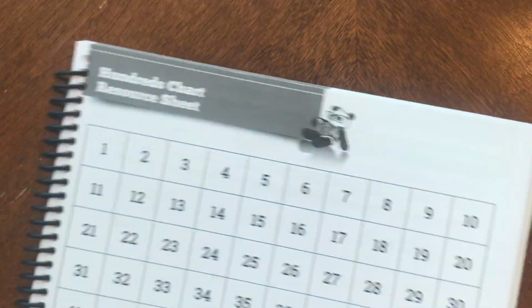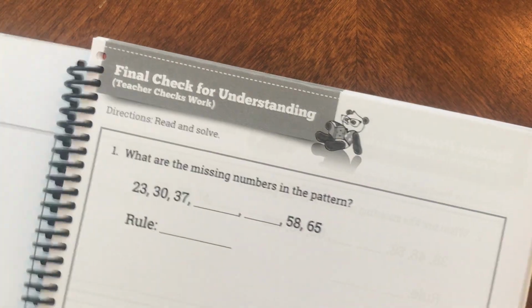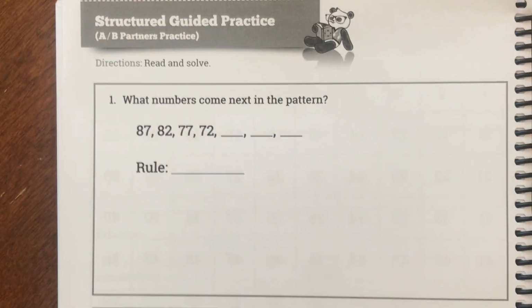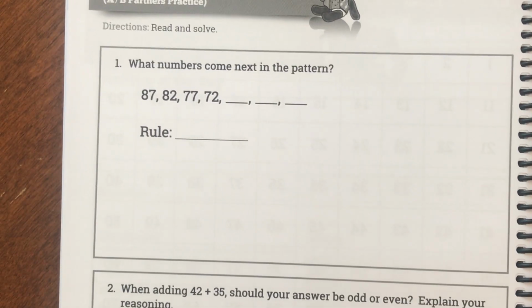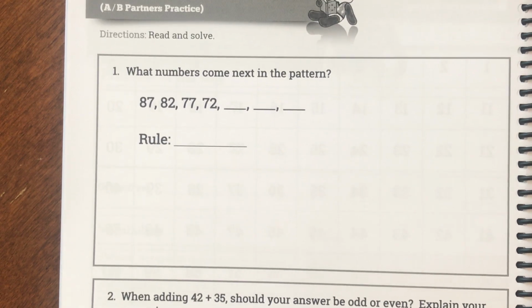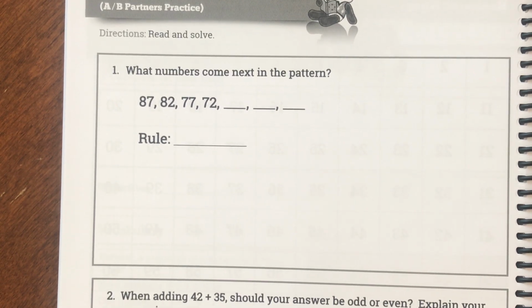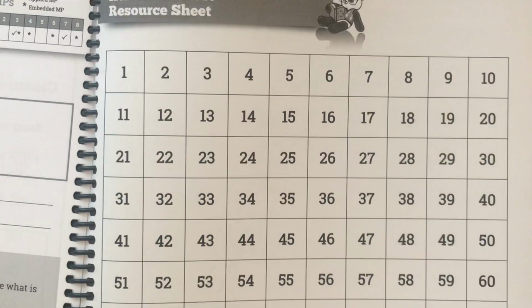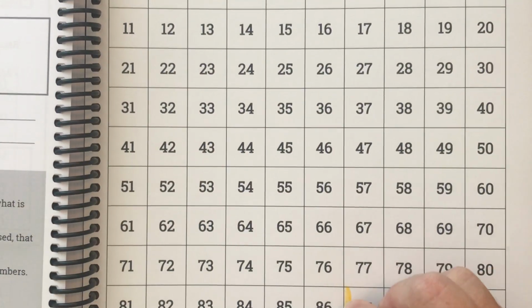Okay, we are on page 229, and here's our first one. 87, 82, 77, 72. Okay, so you're going to want to turn back to use the page to help you. 87 is here.